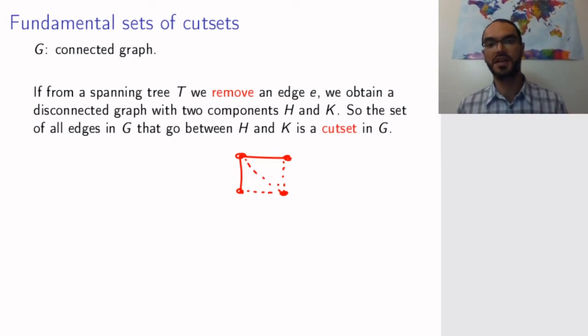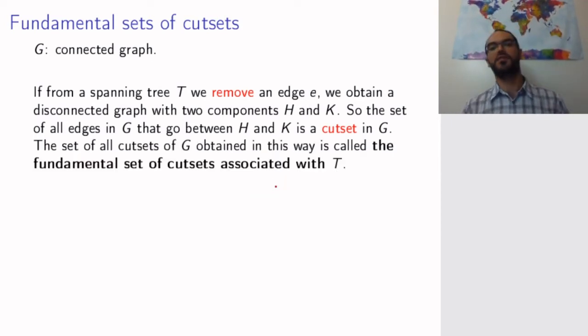So it will be a tree, it will have to be connected. So such a cutset is the cutset associated to this edge. And the set of all cutsets that are obtained in this way is called a fundamental set of cutsets associated to our graph, associated to our tree T.